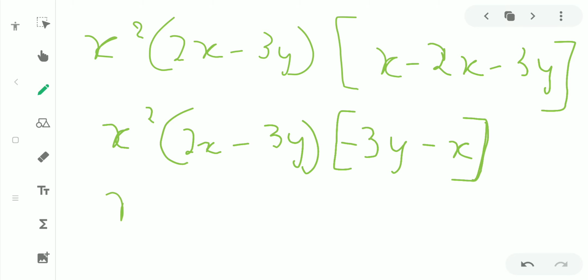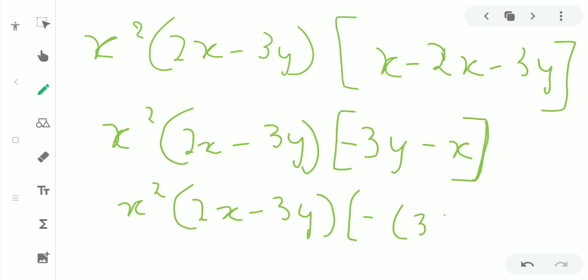We can take minus common outside. So x square into 2x minus 3y into minus 3y plus x. This will be our final answer. This is the way we factorize a given expression.